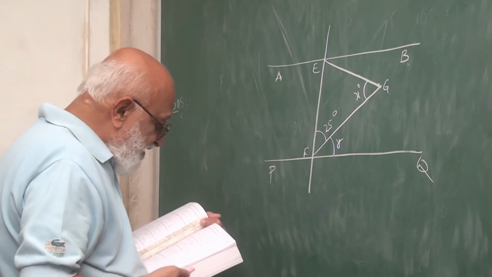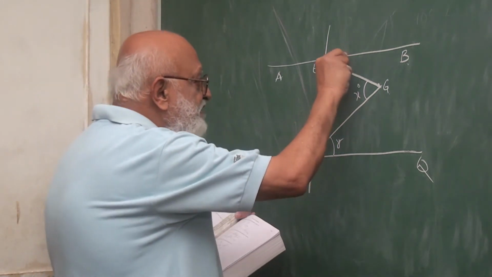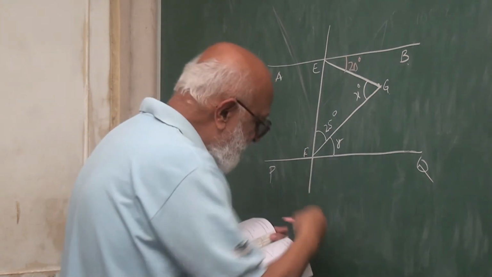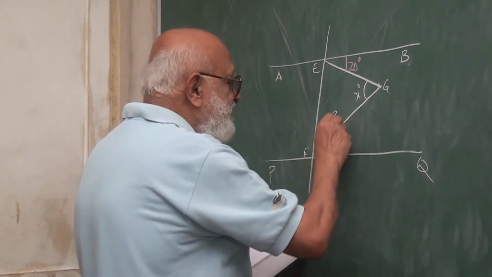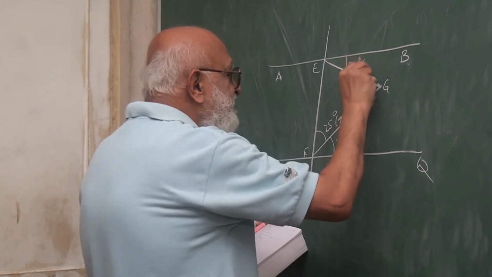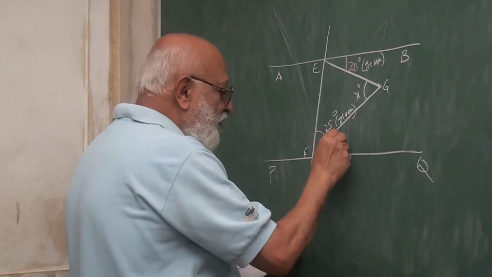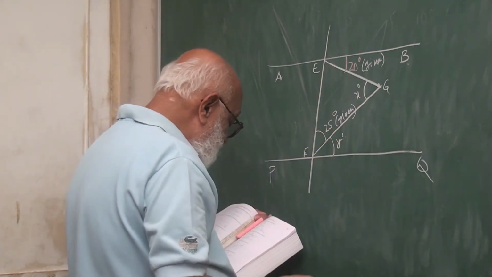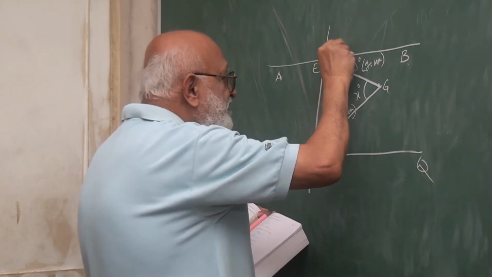More information: this angle has been given as 20 degrees. So let me write down that they are all given. y is also marked, but nothing has been given for it. And this angle has been given as 75.